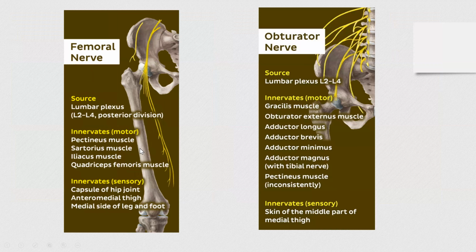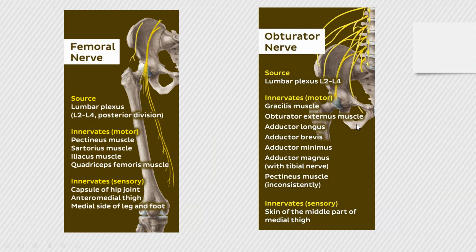So the femoral nerve, and again, we have sensory and motor, so we are not looking at sensory, we're only looking at motor branches. So the femoral nerve mostly is going to innervate what? The anterior compartment of the thigh. Here's our thigh, and many muscles in the thigh will be innervated by the femoral nerve.